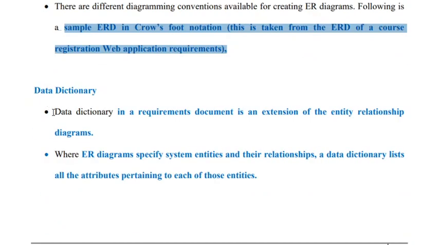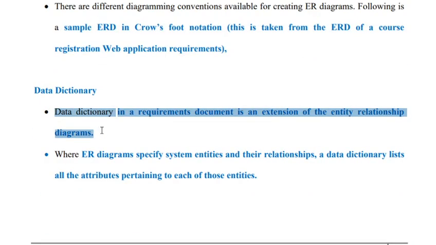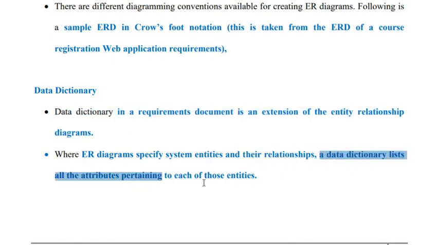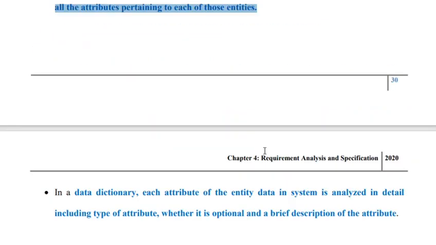Now, the data dictionary. The data dictionary is a requirement document and is an extension of the entity relationship diagram. Each and every aspect that is there in the entity relationship diagram has to be explained in detail, and the data dictionary holds that. It is capable of providing a detailed explanation about various components of the entity relationship diagram, that is, entities, their attributes, and their relationships.